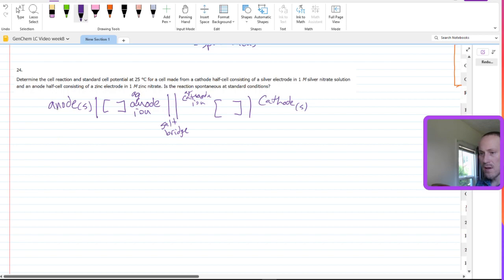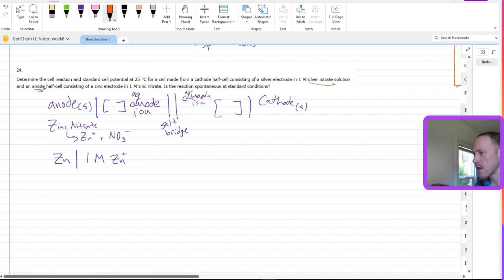So it looks like the anode part, we have zinc, then we have 1 molar zinc nitrate, and like we just did with some of the solubility things, that's going to dissolve into zinc plus and NO3 minus.